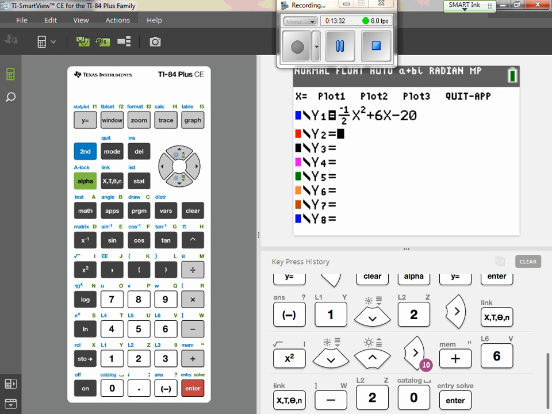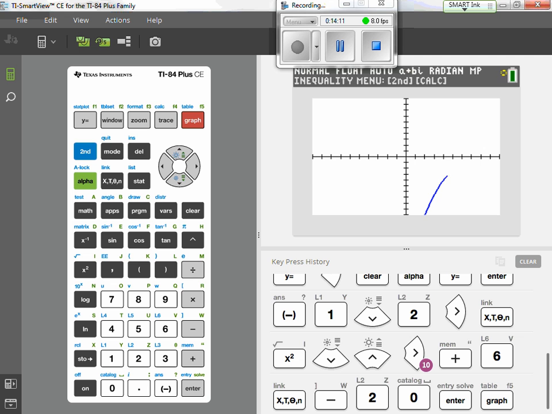We good? Alpha y equals enter. You don't have to hold any of the keys for this. It's just typing them in. So hit graph and see what happens.